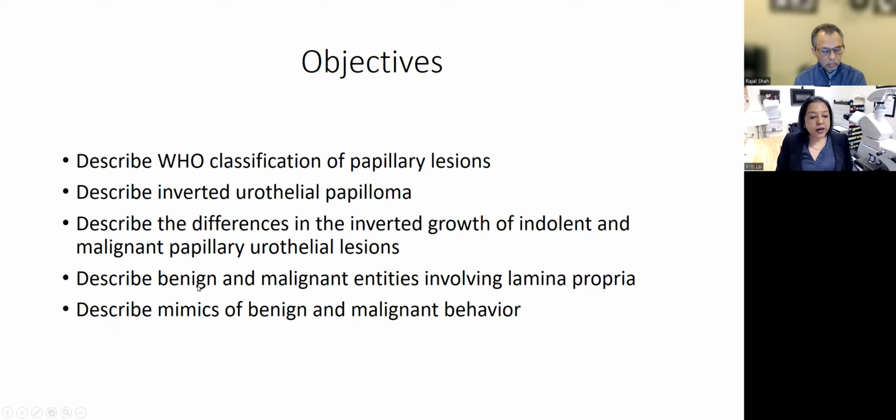We'll also describe benign and malignant entities that involve the lamina propria and may mimic inverted growth pattern. In the end, we will summarize both the benign and malignant mimics of these entities.